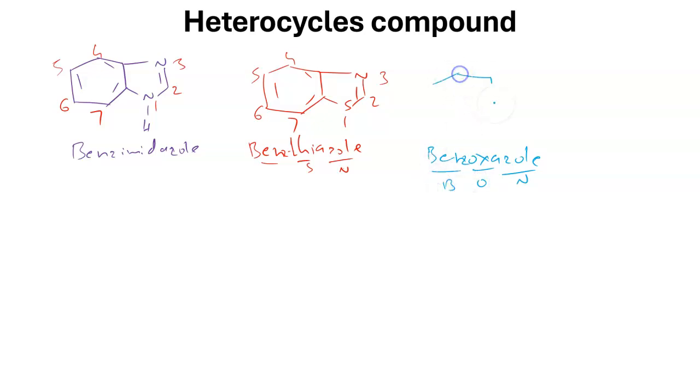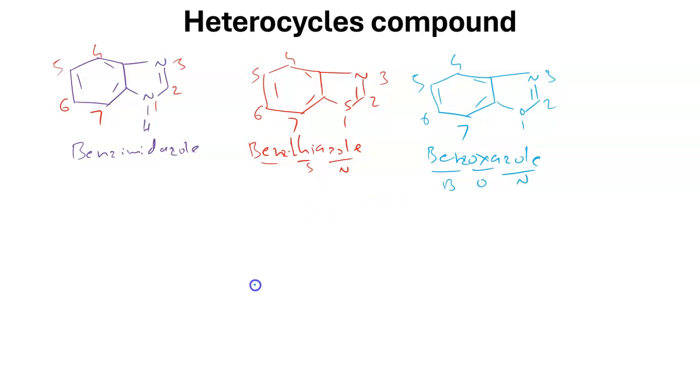So we will draw the structure based on the name: benzene, a 5-member ring containing the nitrogen, and now it will have oxygen at the end, and this will be the final structure. Oxazole numbering will start from the oxygen: 2, 3, 4, 5, 6, 7. So these are some examples of fused heterocycles.